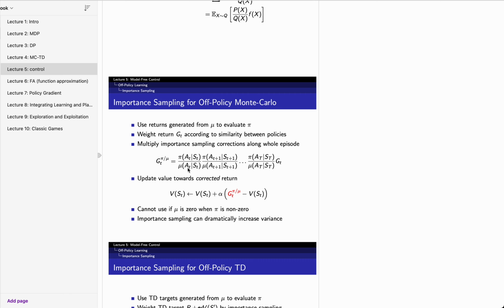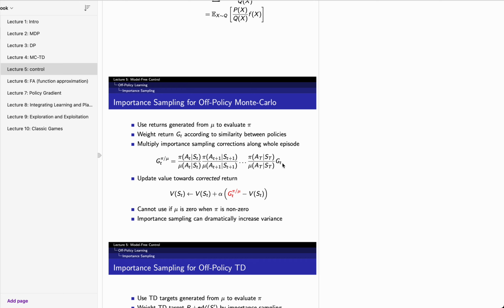Well, at each time step, you're just going to multiply by the ratios of the two different policies to update G_t at policy pi using the behavioral policy mu.